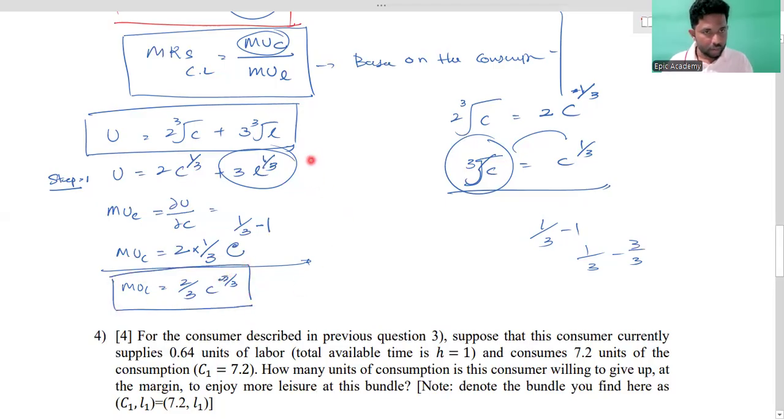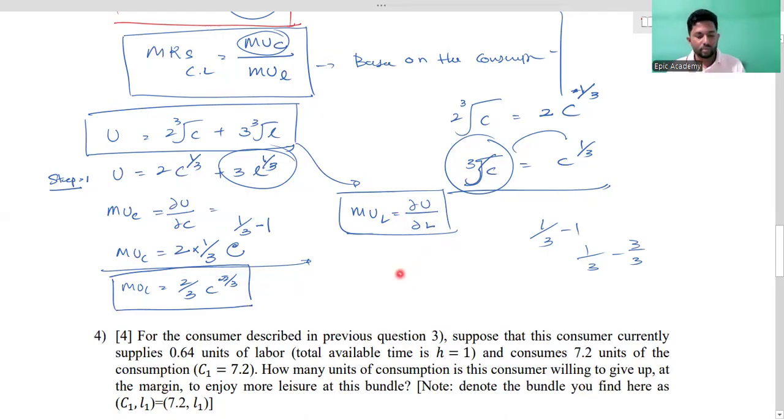Can you calculate it respectively for L? I mean MUL, the total utility function with respect to the value of L. Can you try it? Yeah. Good.